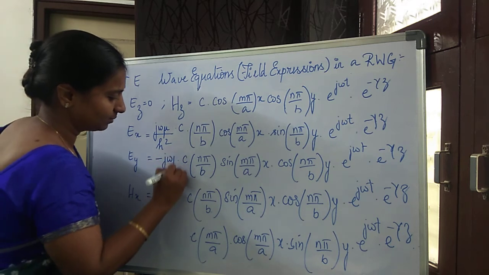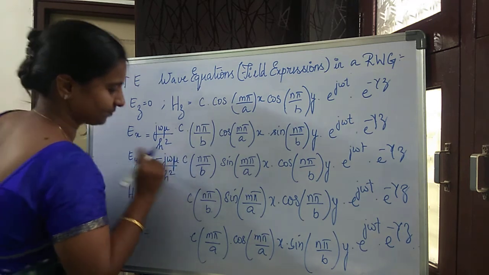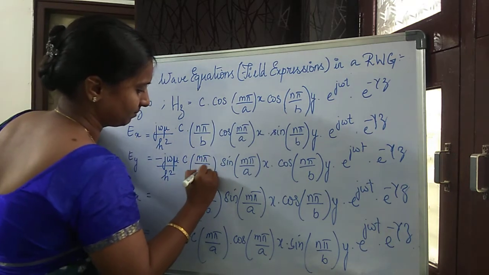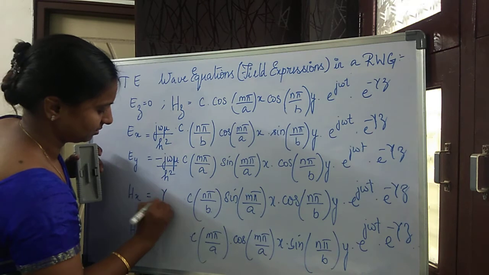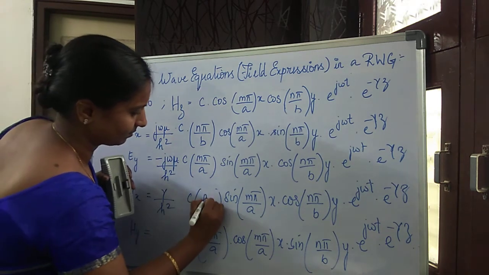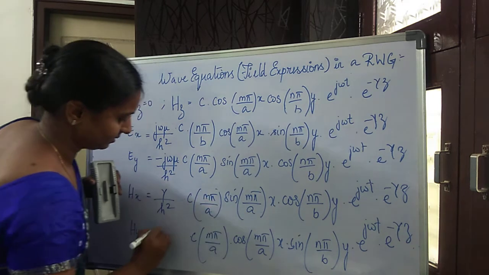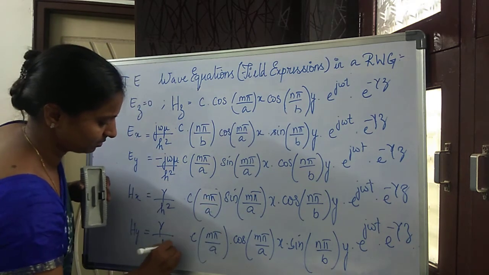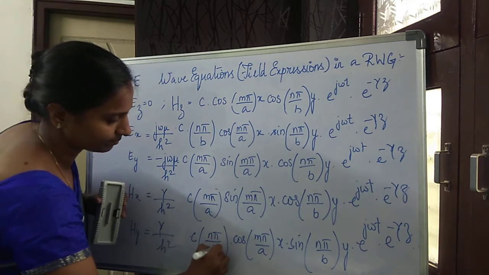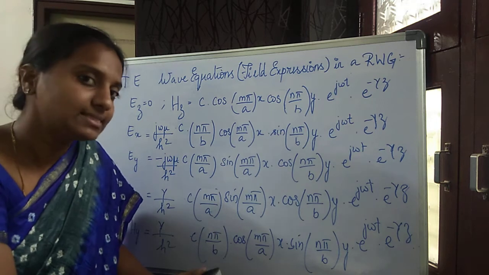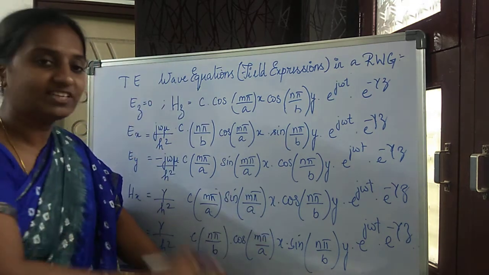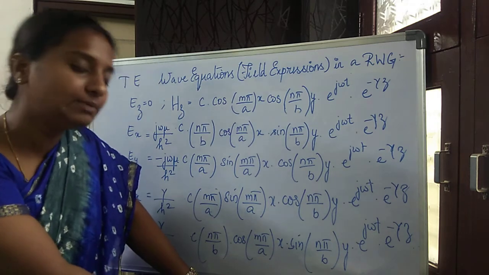Minus j omega mu by h square m pi by a, gamma by h square m pi by a, again gamma by h square n pi by b, and all the remaining terms will be the same. Fine. So these are the wave equations I will get for TE modes.